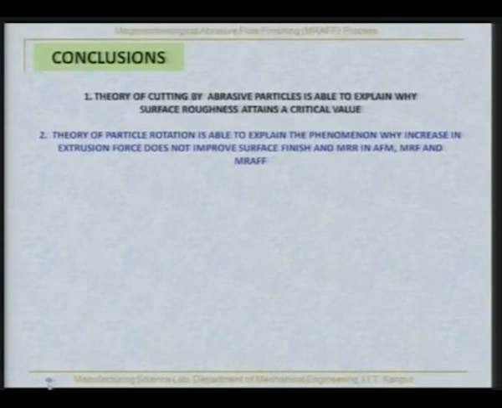The theory of particle rotation is able to explain why an increase in extrusion force does not improve surface finish and material removal rate in the AFM process, MRF process and MRAFF process.